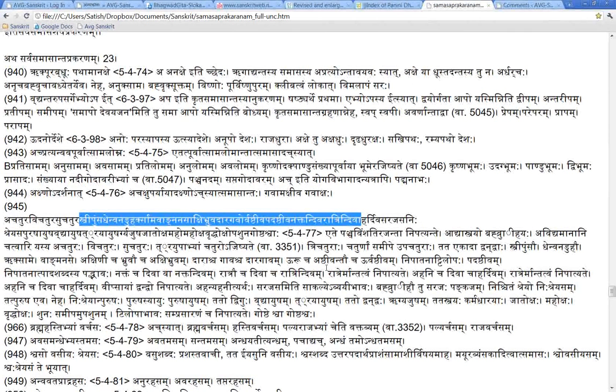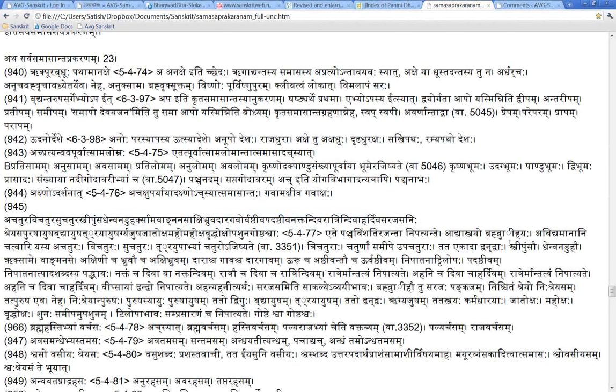So in this section on 5477, we saw the 11 of these compounds. Among those, he talks about Stri Pumsau, Dhenvanaduhau, Ruksame, and Vang Manase. These are in the Itaretara Yogaha.